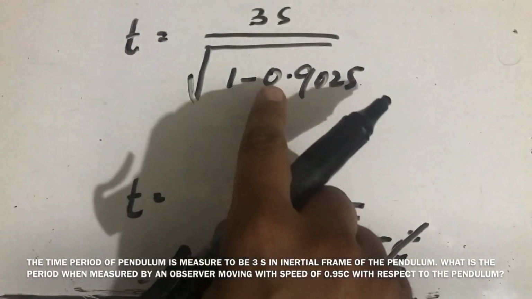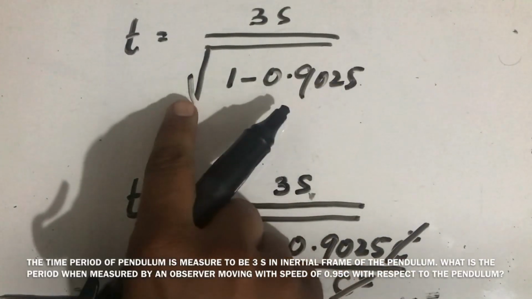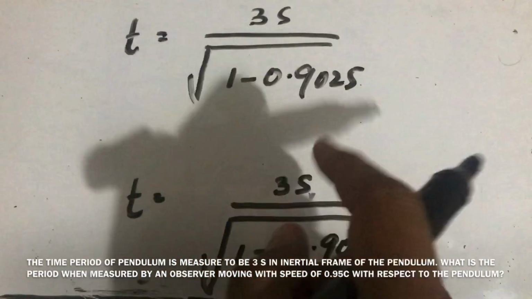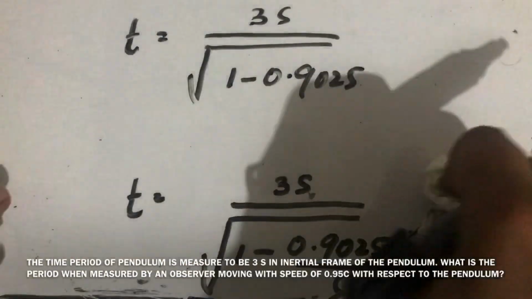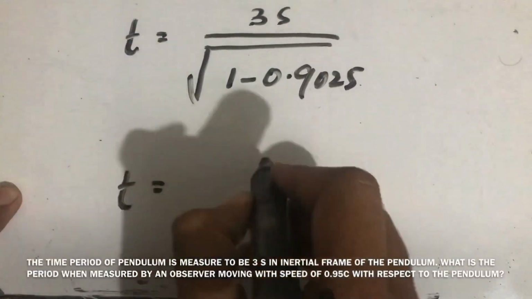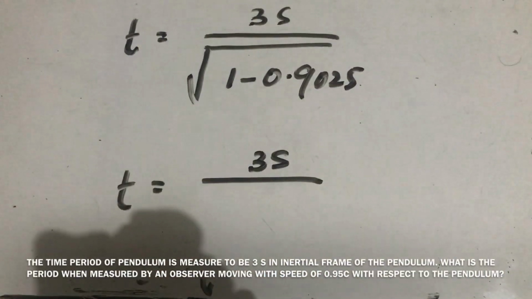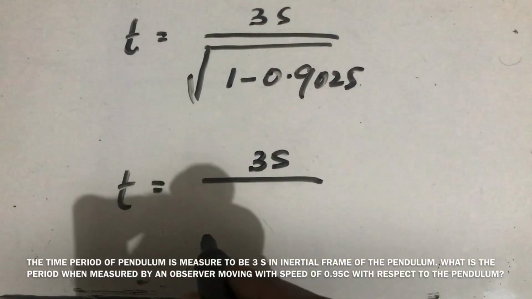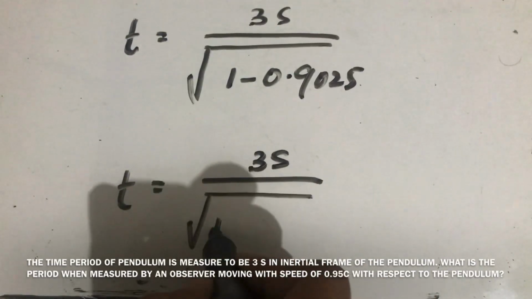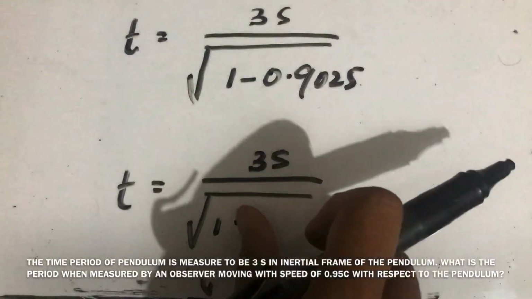Now subtract 0.9025 from 1, take the square root of this value and solve the equation. So we have T equal to 3 seconds divided by the square root of 1 minus, so just solve this relation.